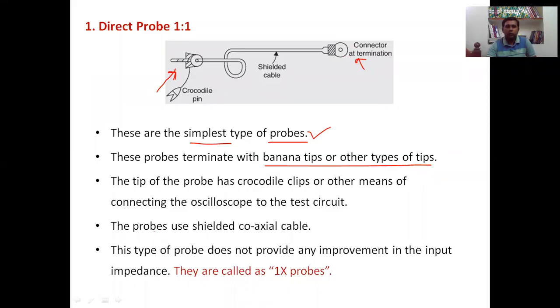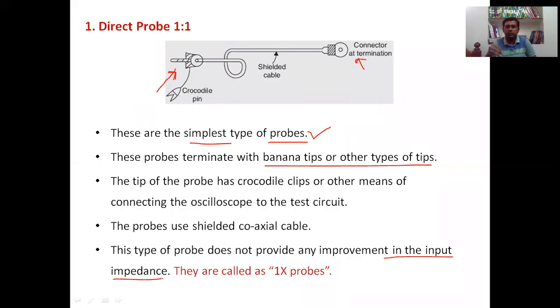The probes use shielded coaxial cable. As I said just now, the shielding is very important to overcome interference. This type of probe does not provide any improvement in the input impedance. Input impedance is the main important parameter to avoid the loading effect.